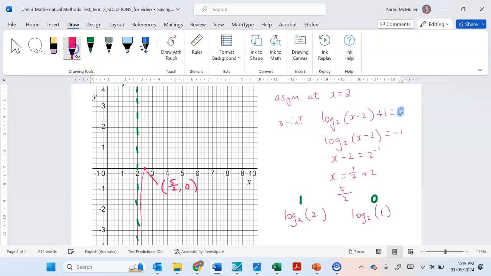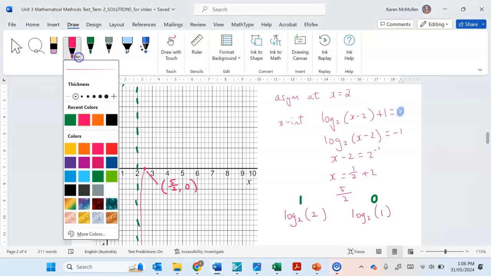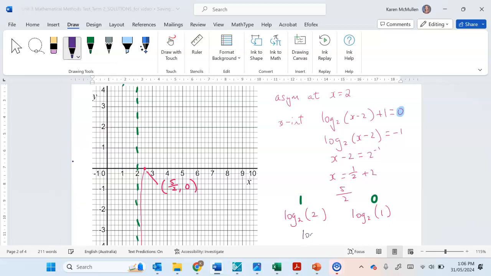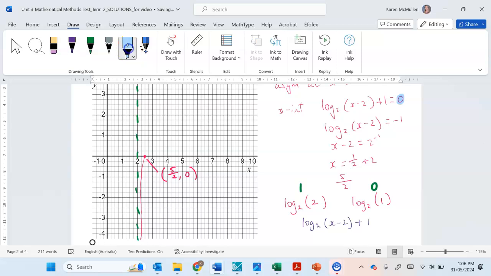So with our equation, I might just write this in a different color. All right, let's do it here. So our equation is log base 2 of (x minus 2) plus 1. So inside this bracket, what do I need to let x equal to make it equal 2?